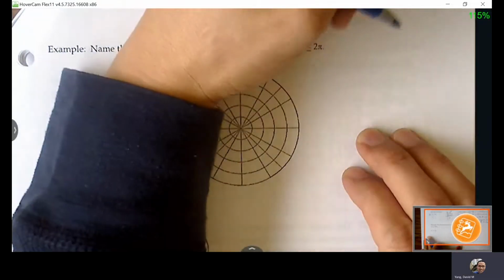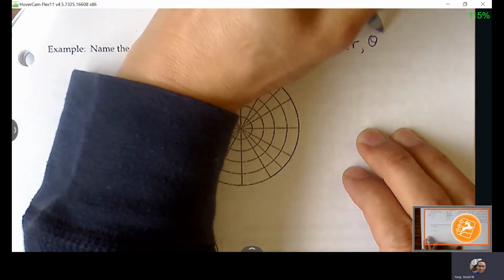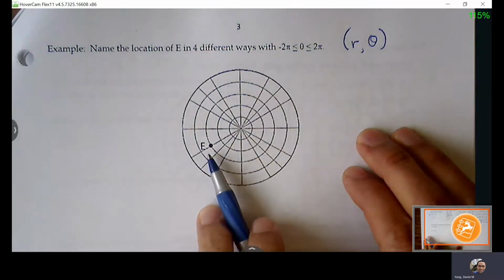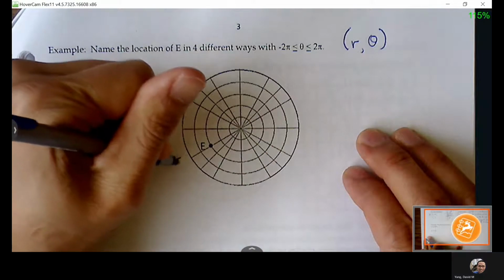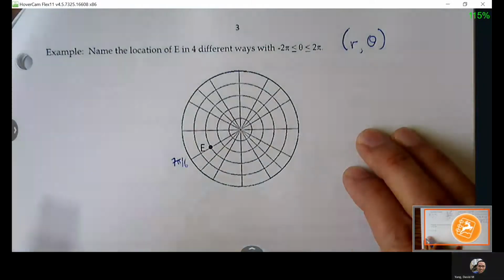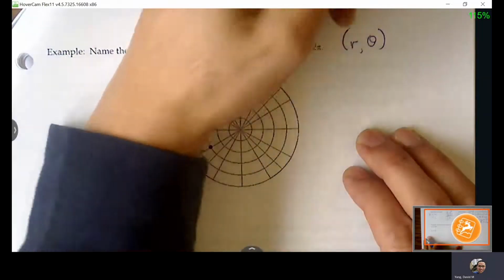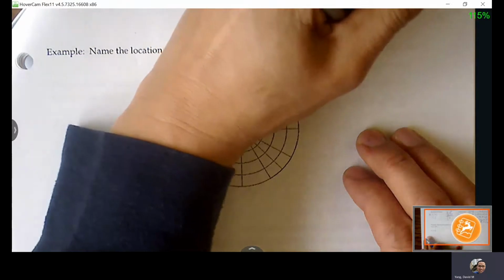So let's start with the most obvious one, the easiest one to identify. And that is, we know that this is 7 pi over 6. How many units out are we walking? 3, right? So point E, 3, 7 pi over 6.